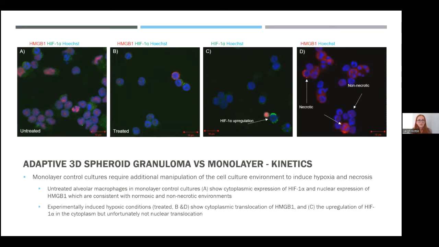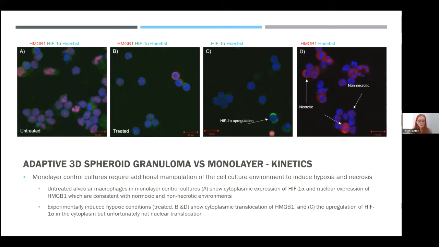We also investigated the marker HIF1 alpha as a marker for hypoxia, but unfortunately, this marker is relatively unstable at the slightest reintroduction of oxygen to any kind of system. So we are busy looking at alternative markers for the interrogation of hypoxia. We only managed to identify a slight upregulation of HIF1 alpha within the cytoplasm, but this is not indicative of hypoxia.